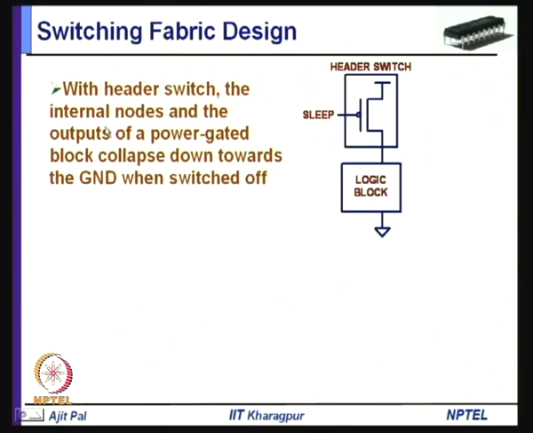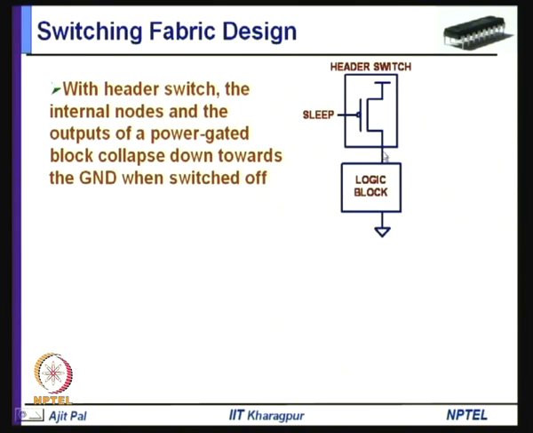With the header switch, the internal nodes and the outputs of a power gated block collapse down towards ground when switched off. Whenever you are using a header switch and this switch is turned off, this particular point, the virtual supply, will fall very close to the ground voltage. That means, when it is switched off, this voltage will become very close to 0 volt.